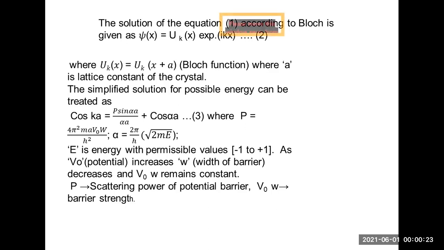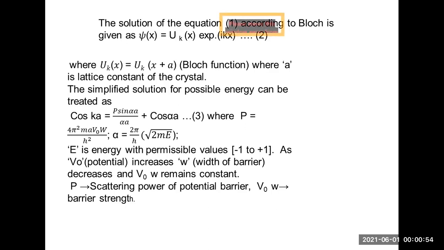P is the scattering power of the potential barriers, also known as the potential barrier strength. The potential barrier is mathematically given by this relation, 4 pi square m a V naught b by h bar square, and alpha is given by 2 pi by h under root 2mE, where E is the energy, which has permissible values of minus 1 to plus 1.